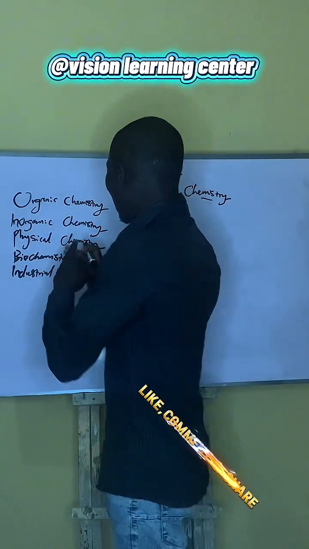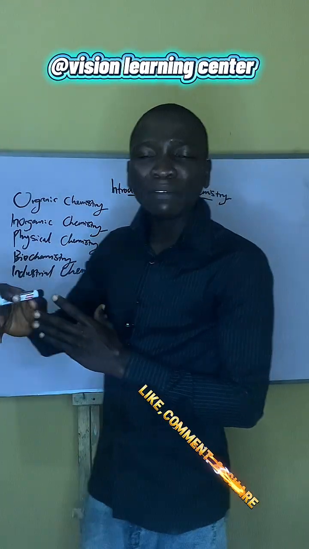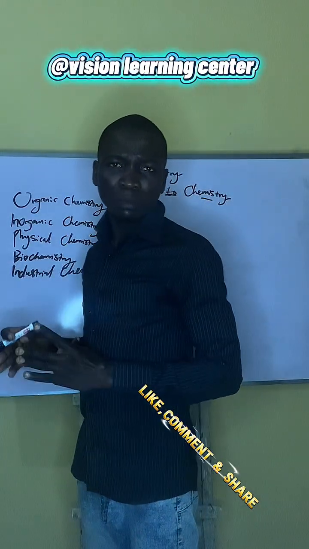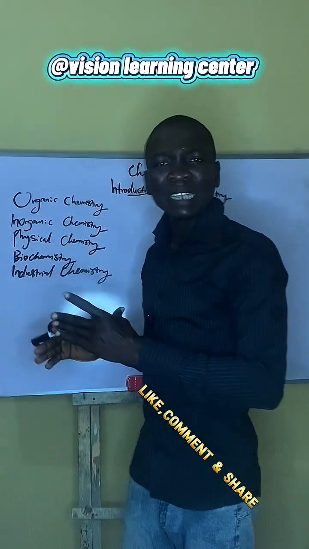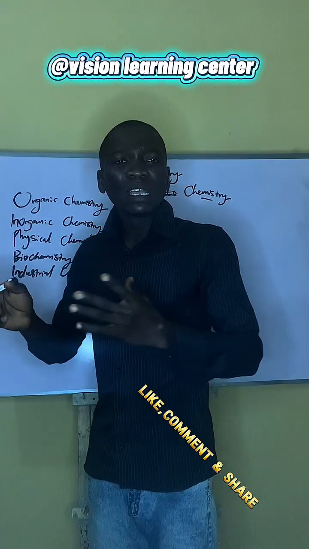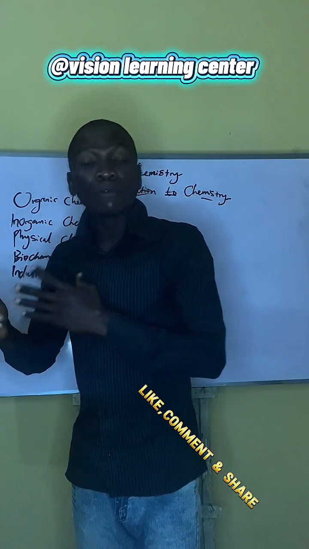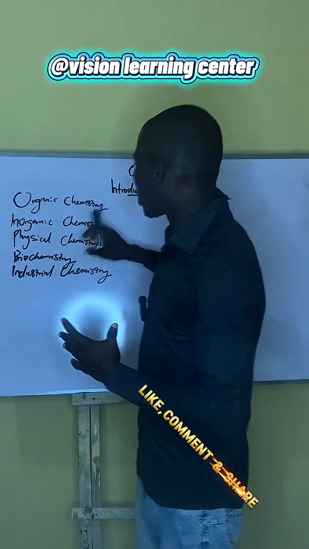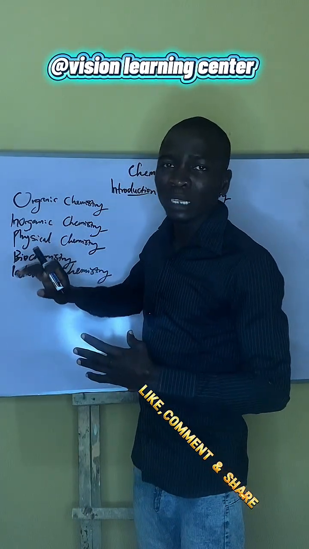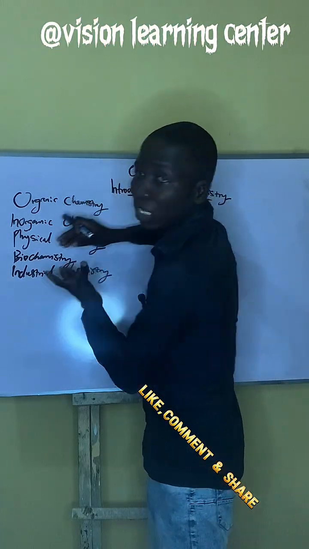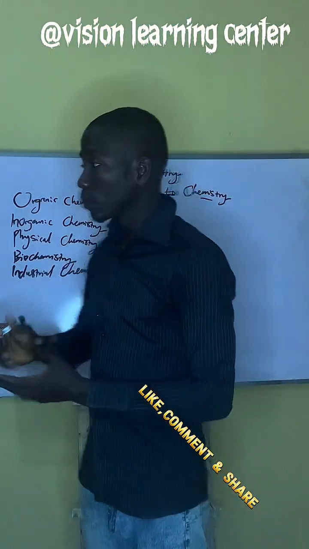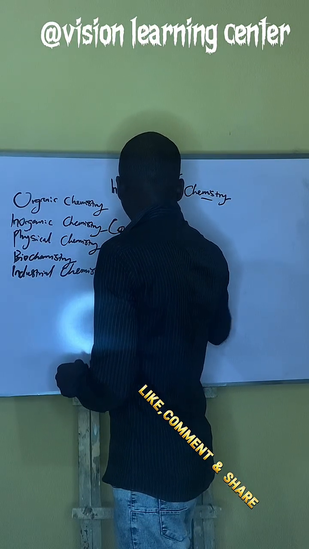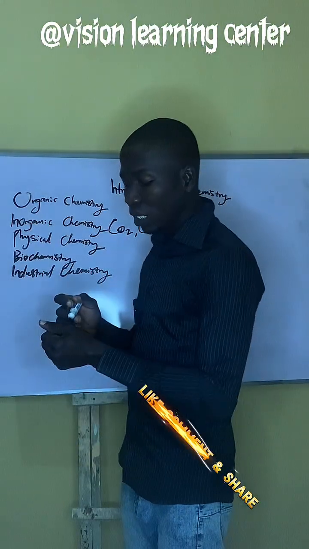Then we have inorganic chemistry. Inorganic chemistry is chemistry that doesn't contain carbon bonds, except compounds like carbon dioxide and carbon monoxide, that is CO2 and CO. These are inorganic chemistry.